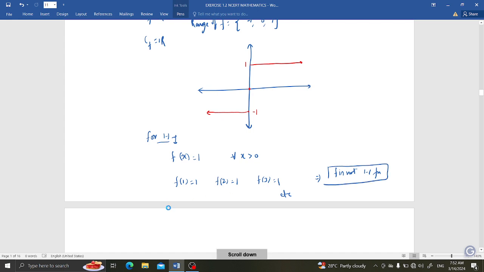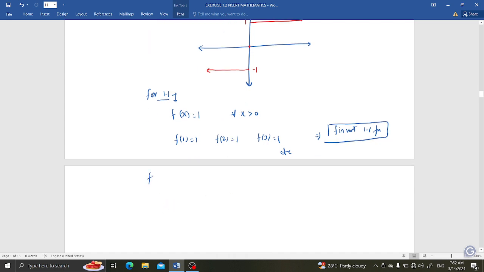Understand? Now for onto, the main thing is the range. The range of f is not equal to the codomain of f.